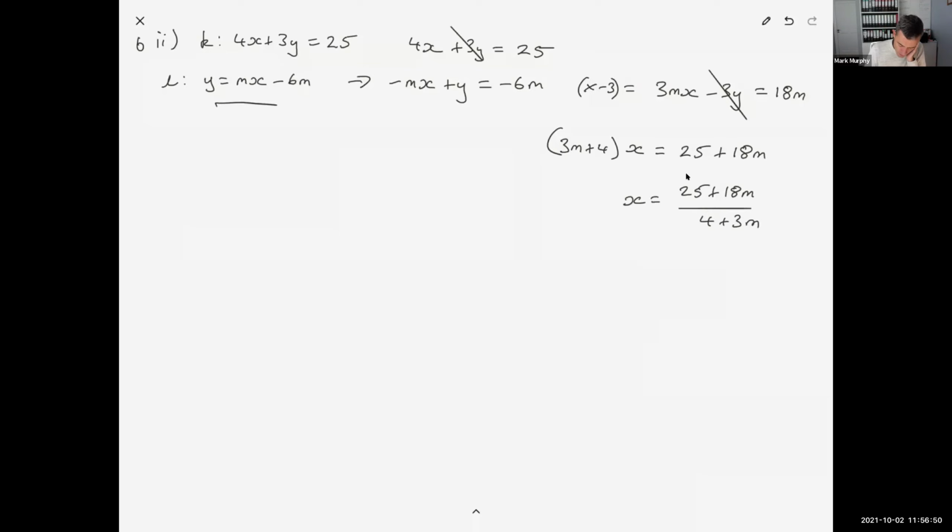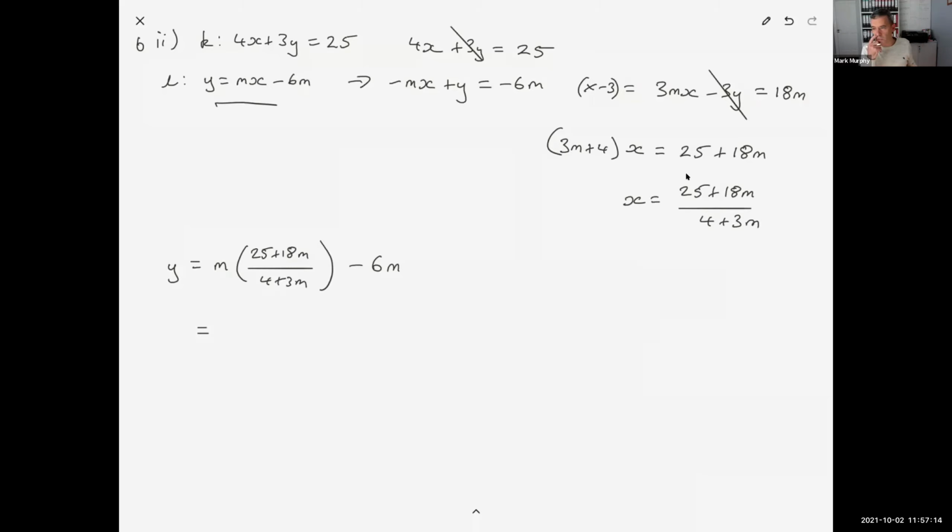So y is equal to mx, so it's m times x, which is 25 plus 18m all over 4 plus 3m, and that's minus 6m. So we multiply all that out, and the best way is probably to bring the 4 plus 3m, so multiply 6m by 4 plus 3m.